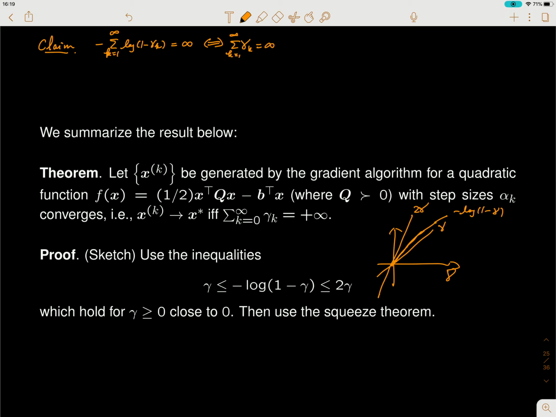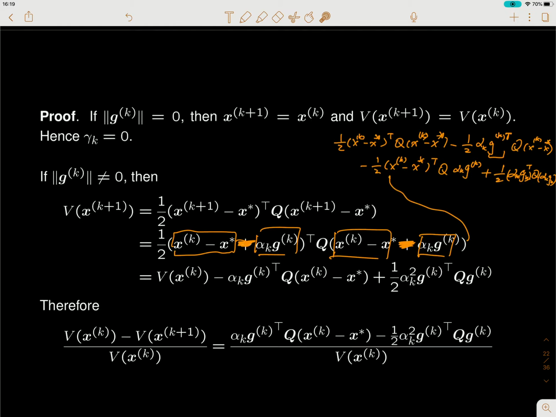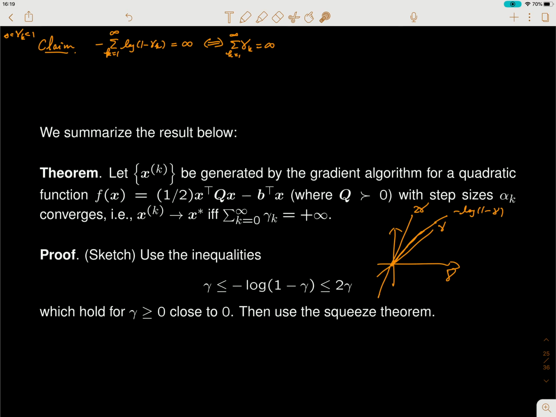Okay, so we're assuming that this gamma_k is between 0 and 1. The reason is that 1 minus gamma_k must be greater than 0, so gamma_k is less than 1, and we also assume that gamma_k is bigger than 0. As long as this is true, we can show that this series is infinity if and only if this series is infinity.